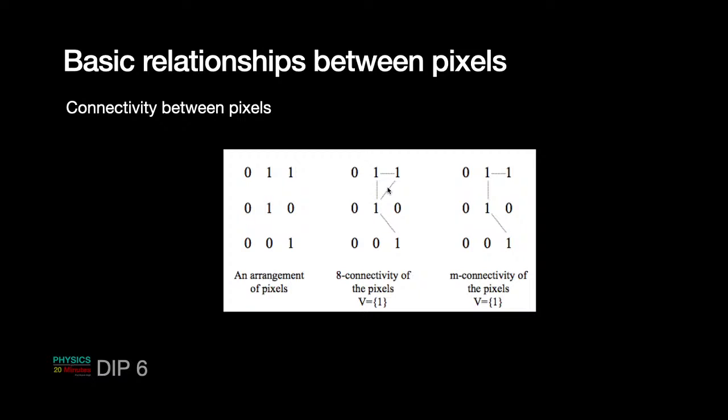To remove one of the connections, we introduce something called mixed connectivity, where we put some conditions by which we look at the larger path whenever these kinds of double connectivity occur. So you will take the larger path and select that and skip the smaller one. This is called mixed connectivity. Again, I would suggest you read on 8 connectivity and mixed connectivity from the references.